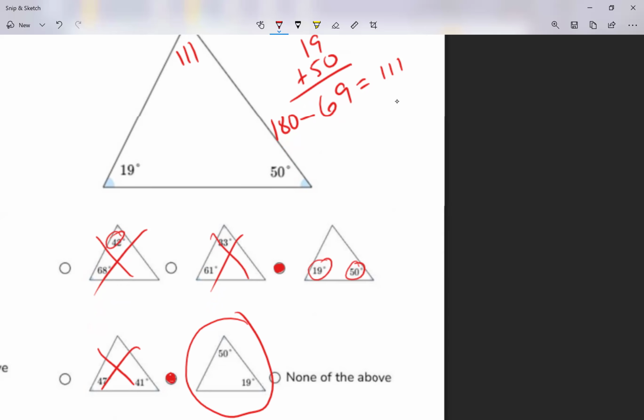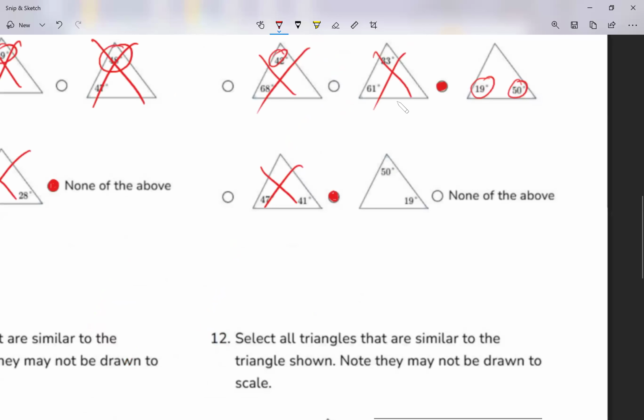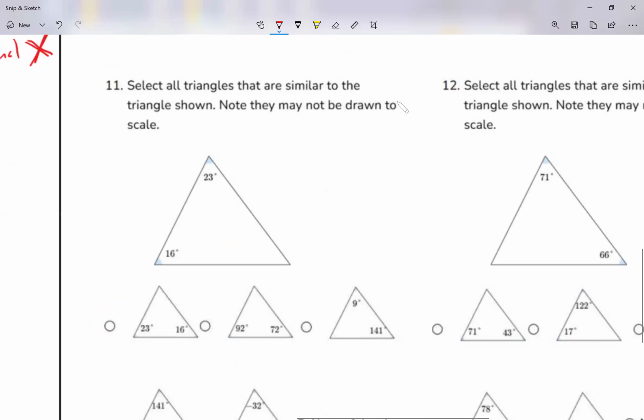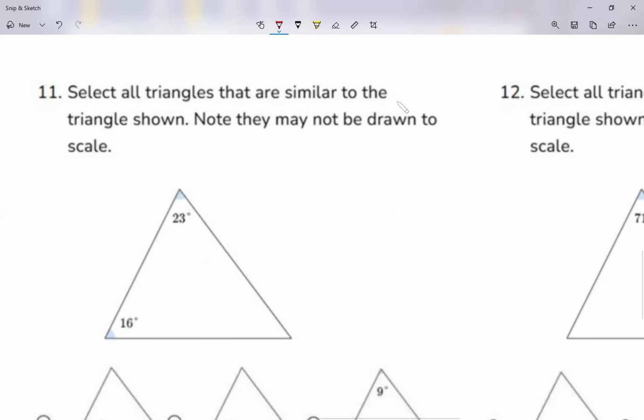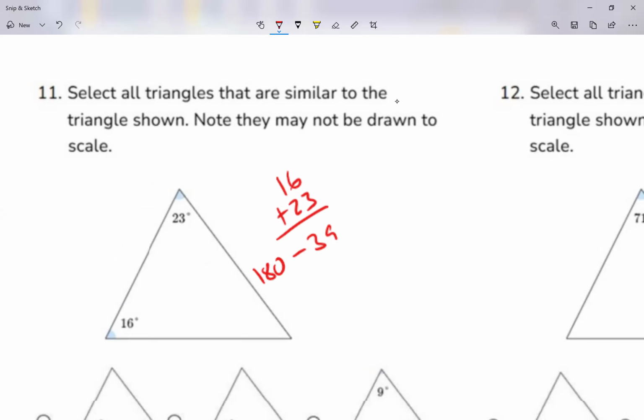It could be more than 2 triangles. Don't think that it's just one. All right, let's take a look at number 11. 16 plus 23, that's 39. Subtract that from 180, so 180 minus 39 is 141. So I know this third angle is 141.